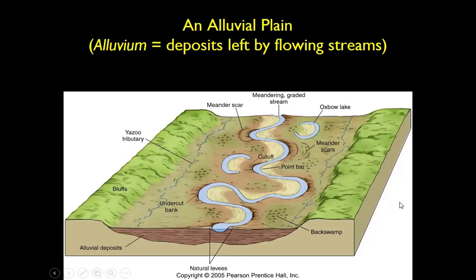This water comes down here with a lot more power, cuts straight through. And when that river cuts straight through, it can isolate this meander in the channel. And then over time, by depositing sediment, it can cut that off and form these oxbow lakes. So what's called an oxbow lake is an old meander that got cut off.